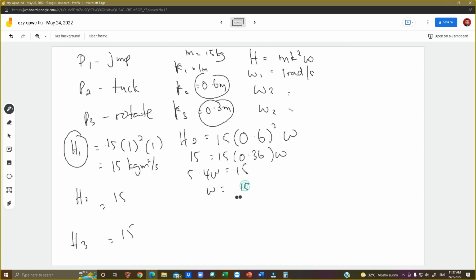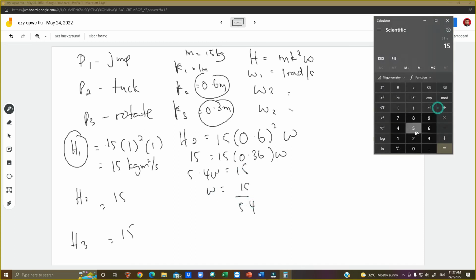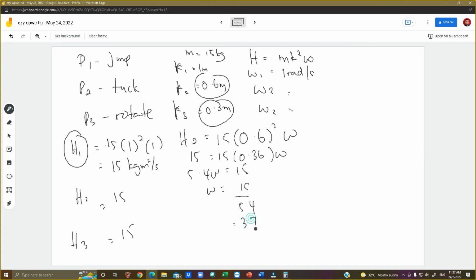Omega sama dengan 15 over 5.4. We have 2.77. Okay, nampak? Dah berubah. Omega dalam apa? Angular velocity, radian per second. Betul tak? Is it true?